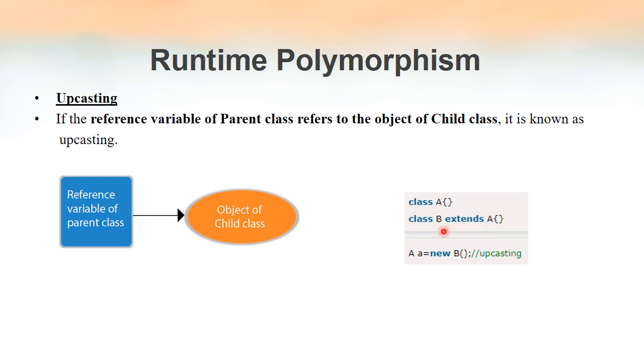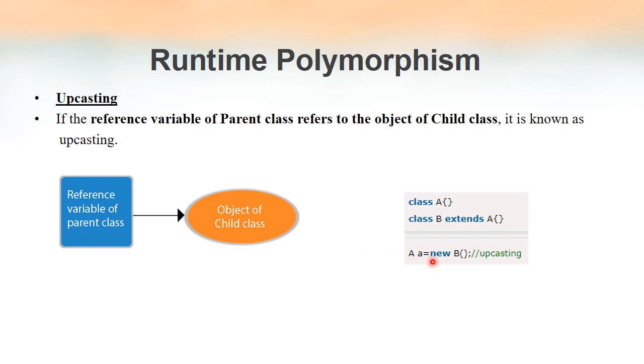Because there is the keyword extends between B and A, that means B is extending A. That means B is inheriting A. Now see this line, small letter a. What is the type of this small letter a? Its type is class A. That is what we mean by reference variable of parent class.